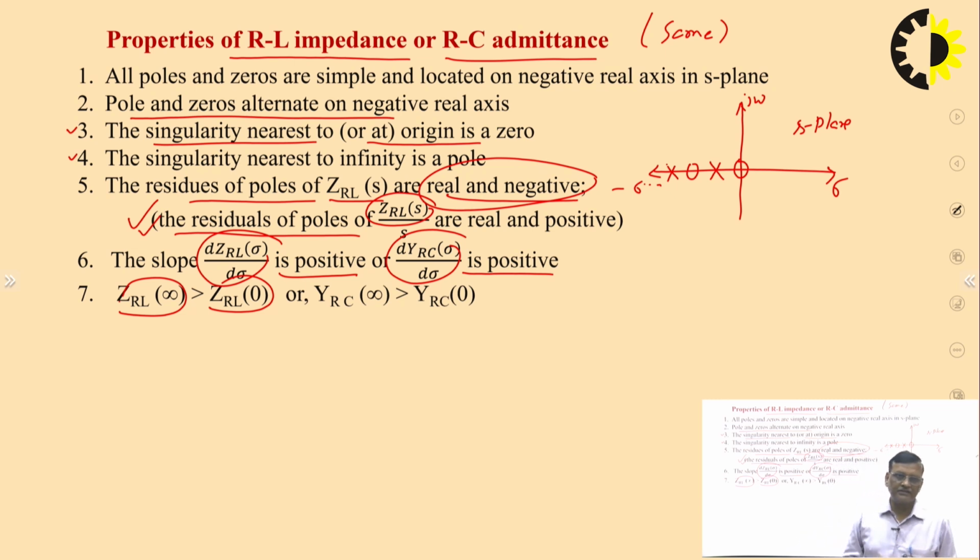Suppose a function is given and you are required to find the Foster forms. Okay. So we have decided the given function is RL impedance. So for the RL impedance, you can draw the Foster first, and we also know that for the Foster second we go for the admittance. So Foster second we can have the RC admittance. Okay.